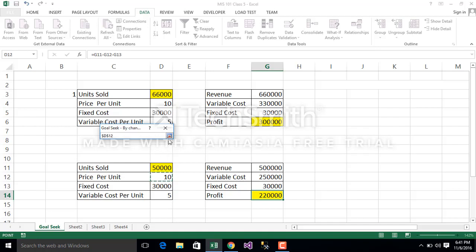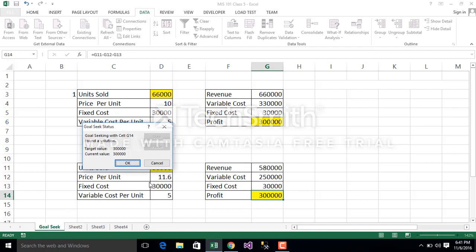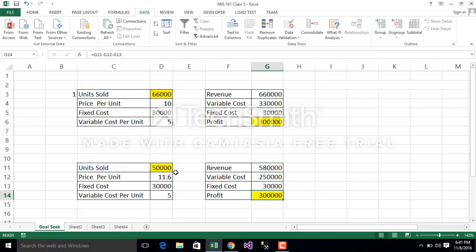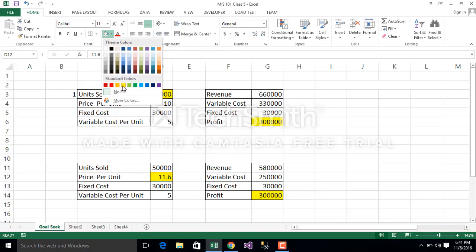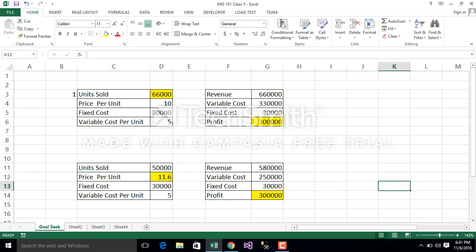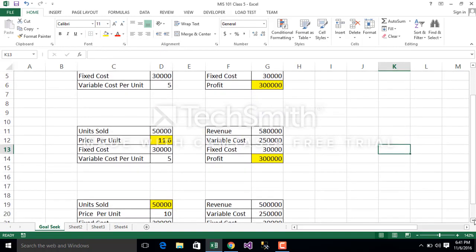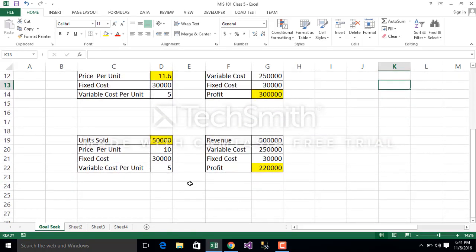By changing price, and see, if we increase our price to 11.6, then profit will be 3 lakhs. And this is the change.